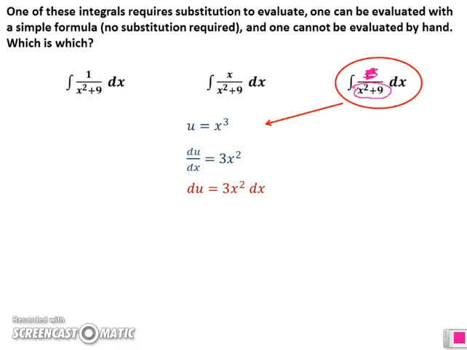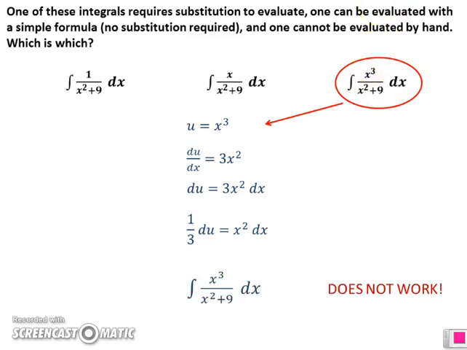It's together. That addition makes them close friends. They can't be separated. And it's not like this case where the x and the dx were both in the numerator. So this doesn't quite work out. We still could divide this 3 over here and you're left with x squared dx, but this is no good. This does not work.